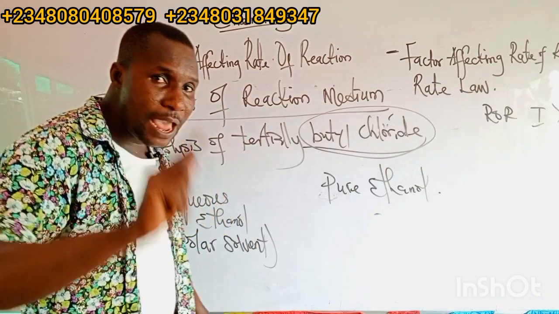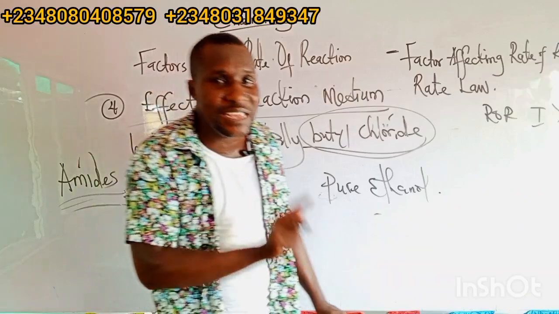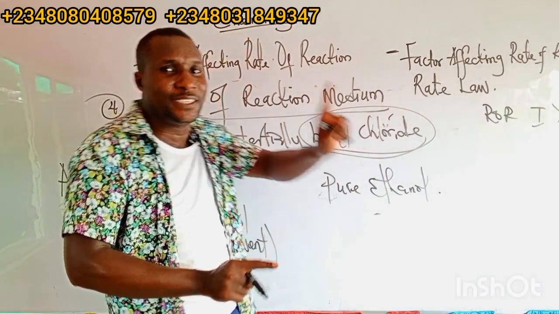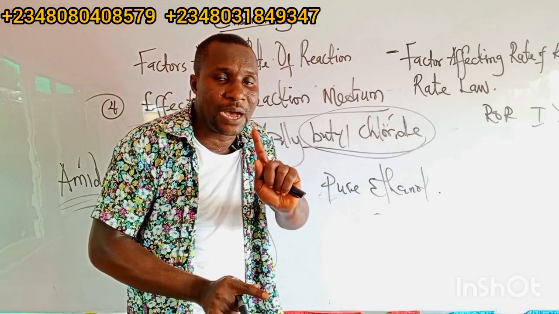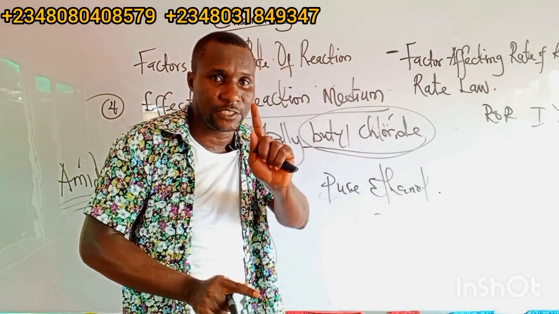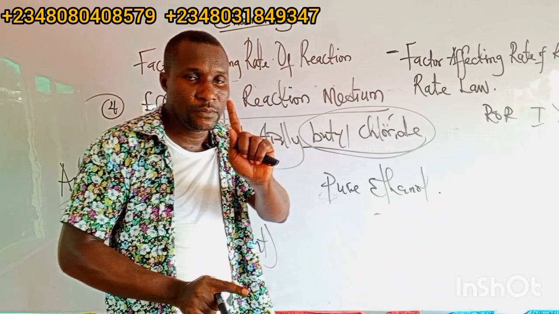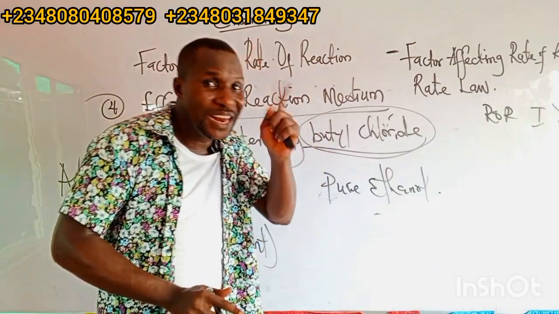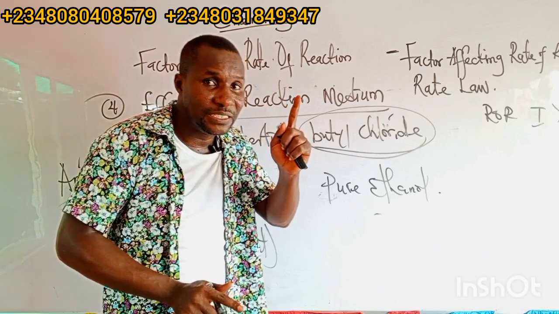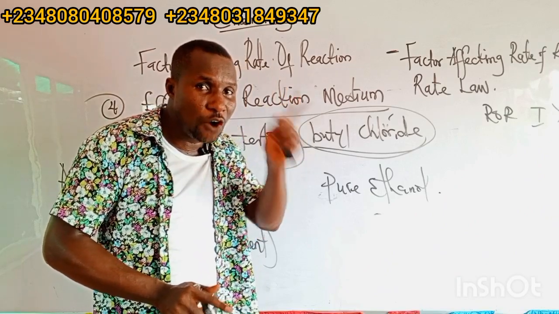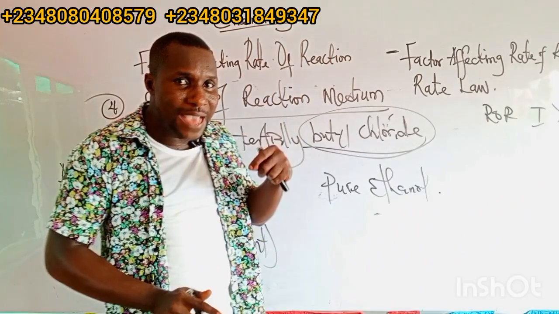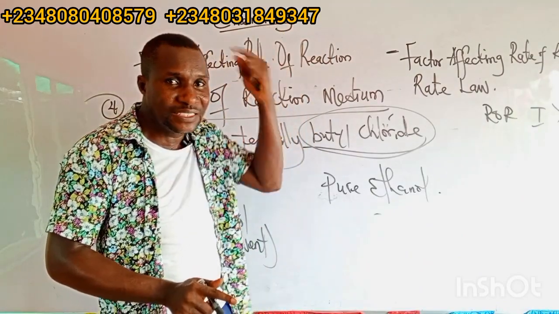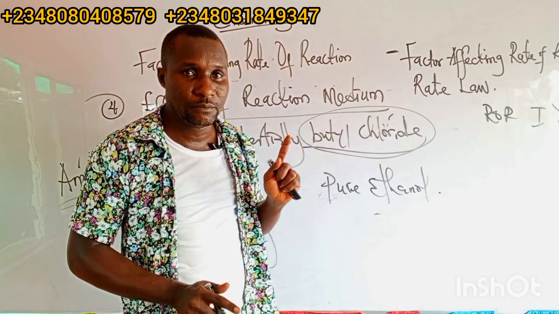The only time polarity can decrease rate of reaction is when the viscosity of the polar solvent is increased. The only time, let me repeat, the only time polarity decreases rate of reaction is when the viscosity of the polar solvent is increased.